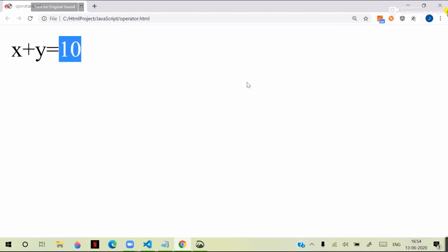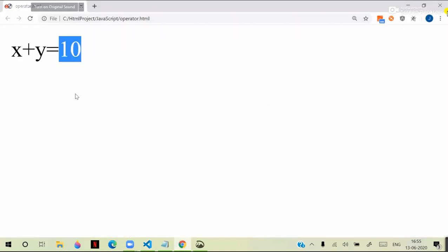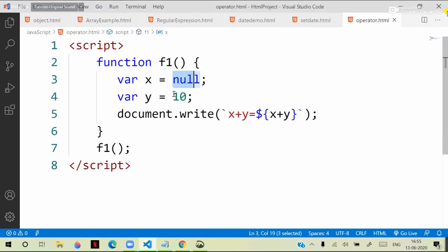Understood? Null means no value defined, but null is also defined as a type. So it will consider it as 0 if no value is coming, it will put it to 0.